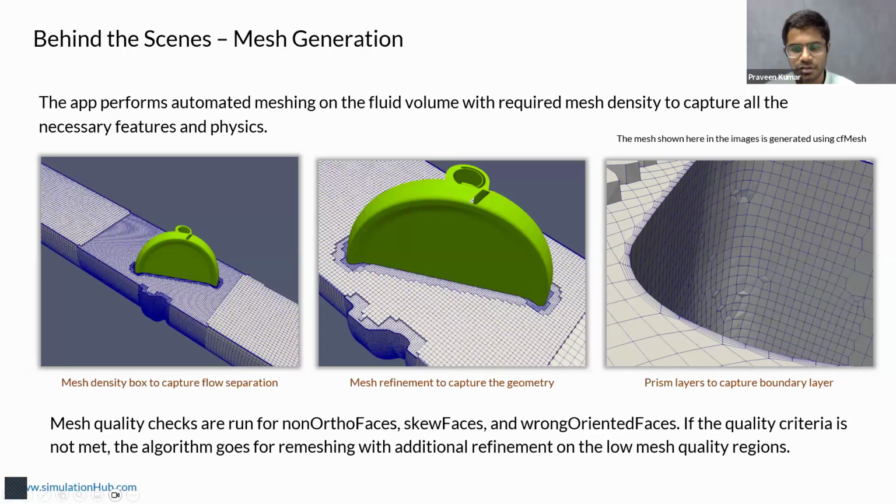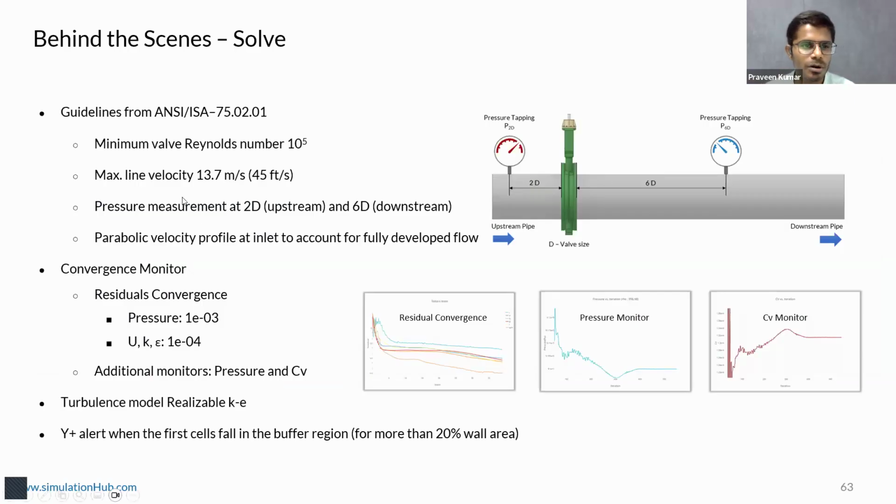On the valve, we follow all the standards like 2D, where to measure the upstream pressure and downstream pressure, to make sure the flow is fully turbulent, and convergence checks: residual convergence, and the pressure monitor should be flat. On top of residual convergence, we also monitor pressure and CV.